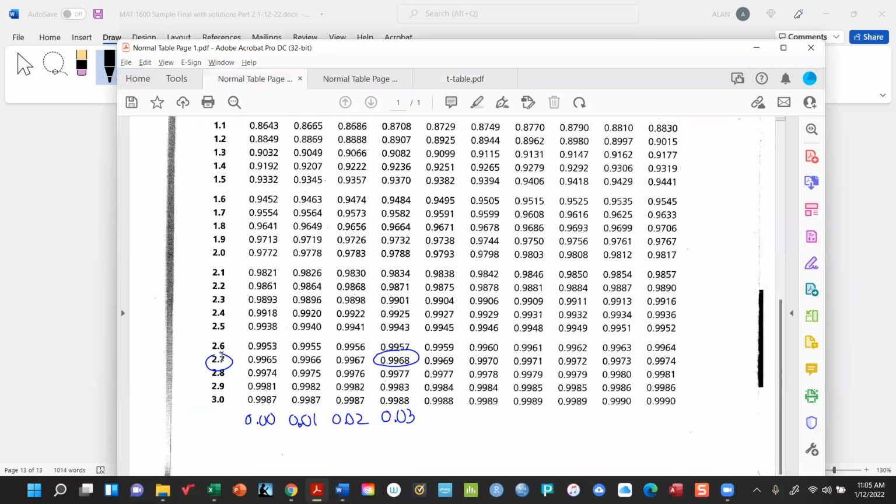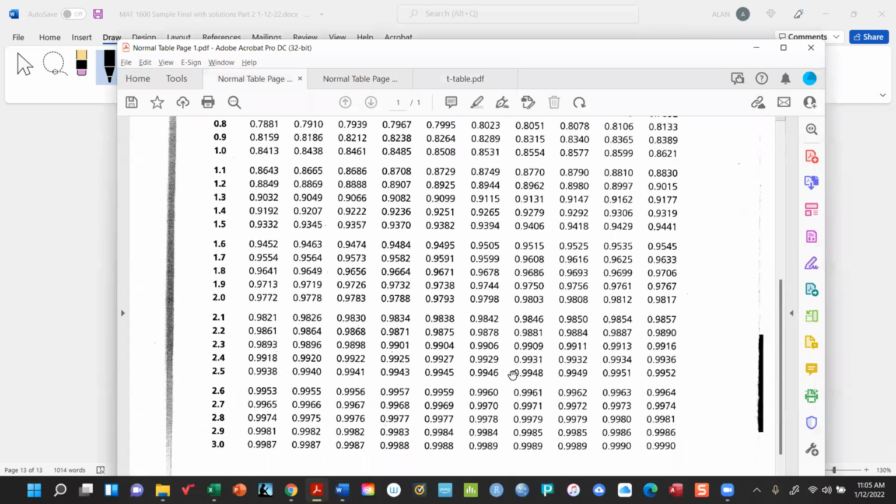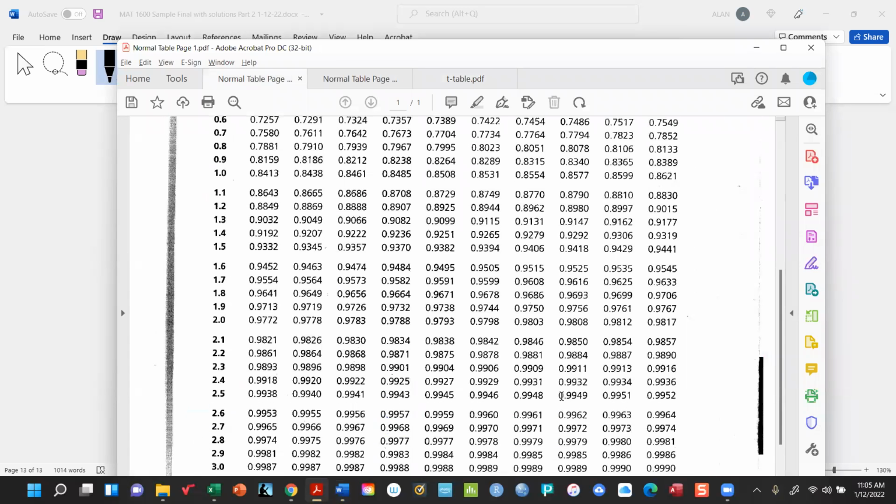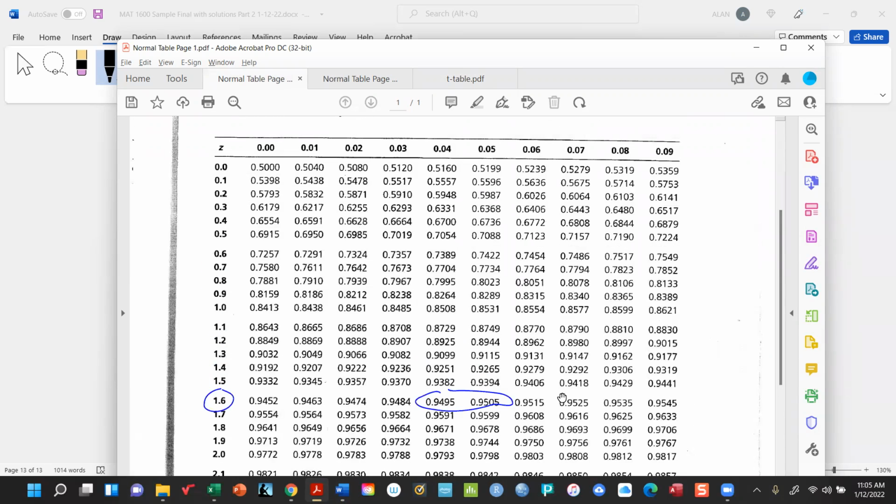And when we're looking for 0.95, this is the one that's not exactly there. It's halfway between two other values. This is kind of a nuisance, but here it is. It's halfway between 1.64 and 1.65. Okay, we've seen this one before. So we're going to call it 1.645.